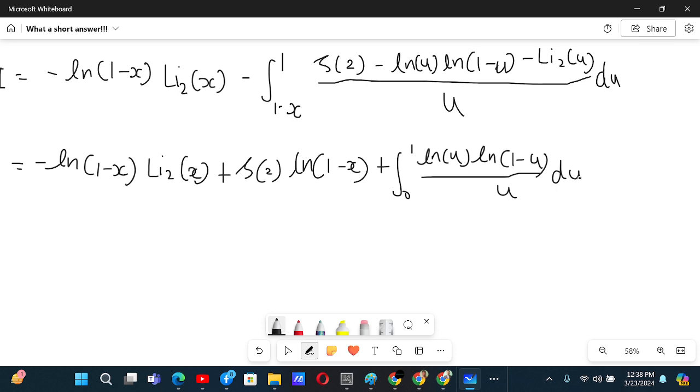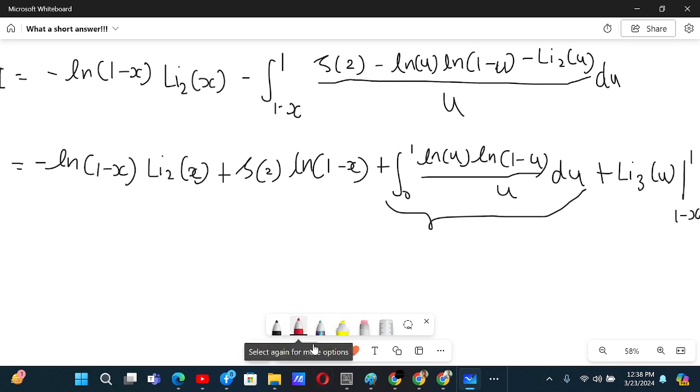And the last one is simple, just plus Li3 of u from 1 minus x to 1. Now we have to deal with this integral again, and now the last one is simpler.